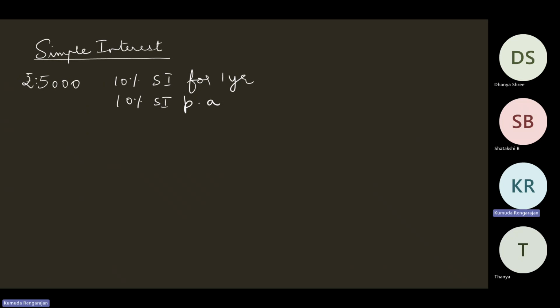You have saved 5,000 rupees. You want to keep your money in the bank, and the bank will pay you interest for your money, because when you keep the money in the bank, it's your money. The bank is using your money. So the bank will give you interest for using it, because the money you keep will not be idle in the bank.